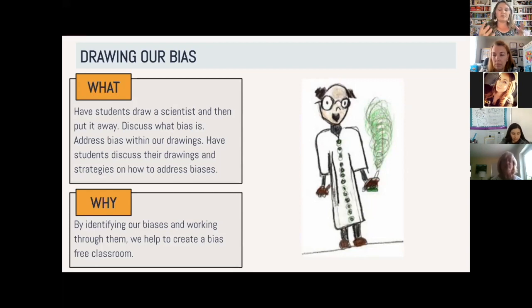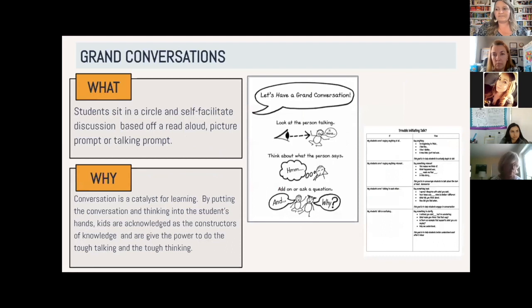And of course, as we're doing this, we're still creating that safe environment for all students so that they should never feel shame. That's not the point of this. The point is to identify our biases, to work through them, to help create a bias-free classroom that is safe for all kids.